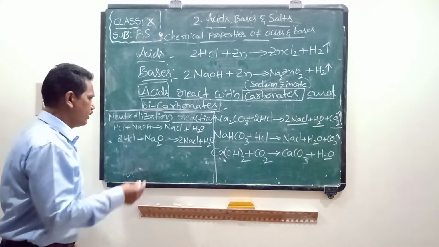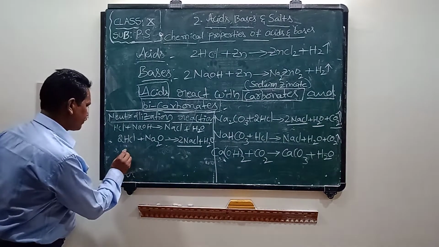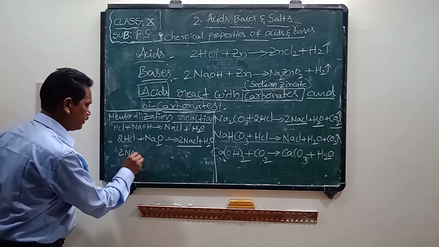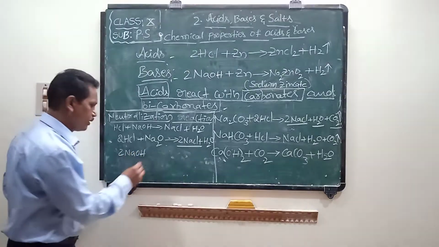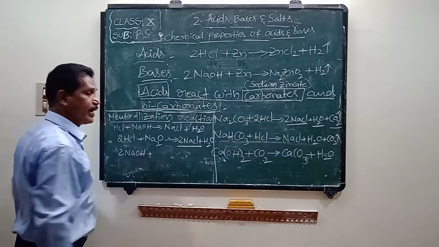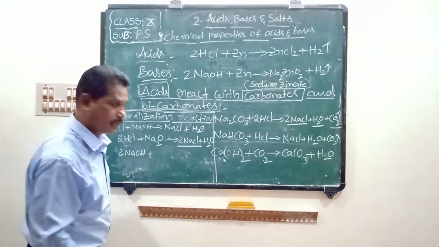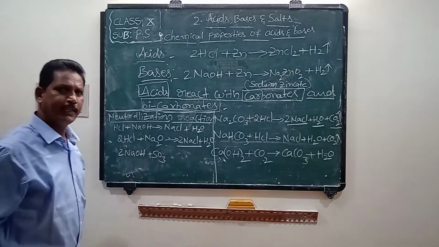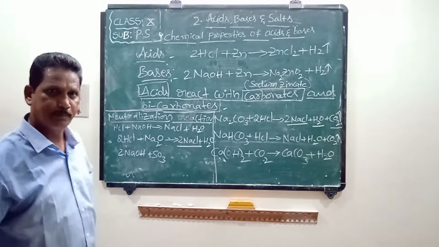For example, base 2NaOH plus non-metallic oxide, for example SO3, sulfur trioxide. SO3 is a non-metallic oxide.